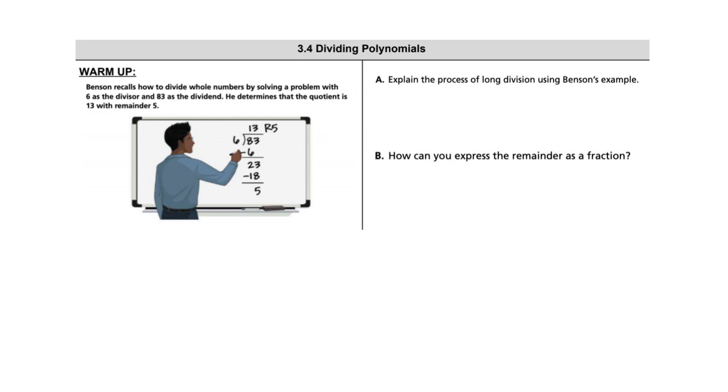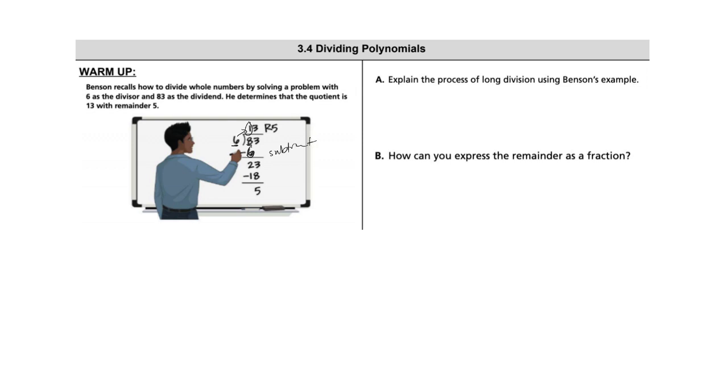by 6. Okay? What you're first looking at is the first term and seeing if the divisor can divide into the first term, which is 8. So 1 times 6 gives you 6 here, and then you subtract.